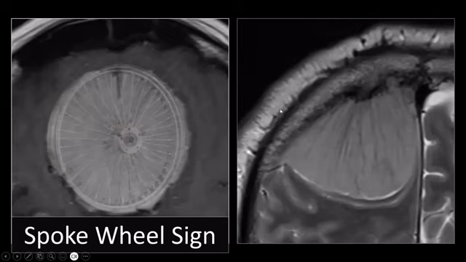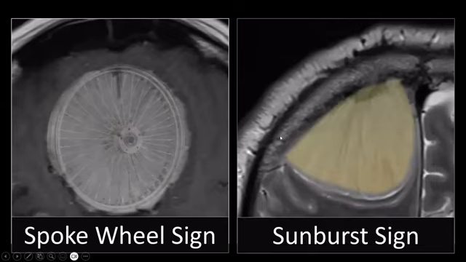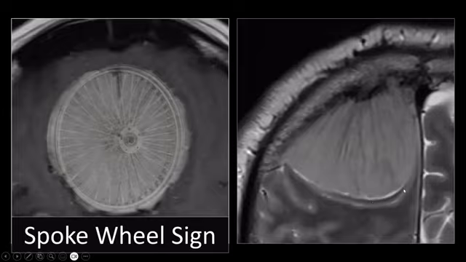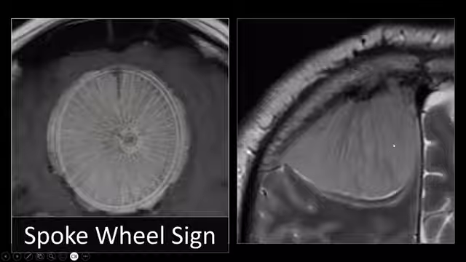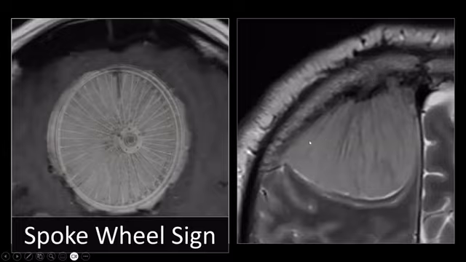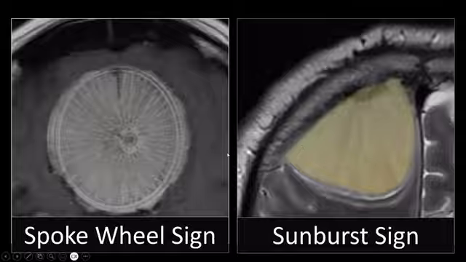We can see the same phenomenon on T2 weighted images, where we see a tumor located extraaxially. We see a CSF cleft sign, and we see all these lines extending from this focal area over here, immediately next to the skull. What are we looking at?